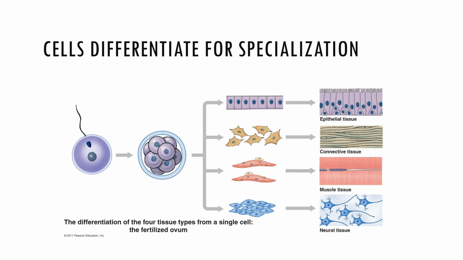Connective tissue, again, has many different subcategories. Muscle tissue, there's 3 different types we will discuss. And neural tissue. And you can see that each of these cells and tissues are very different in both their shape and structure. But all cells have some common structures and functions that we'll talk about.